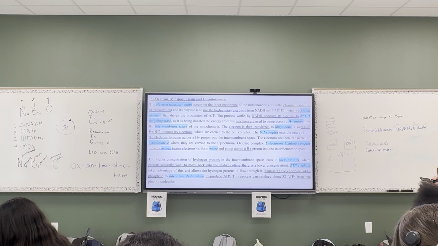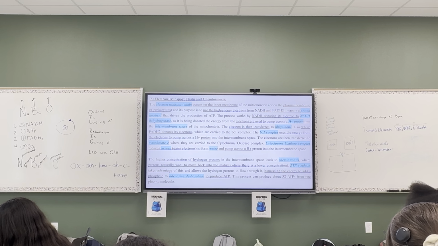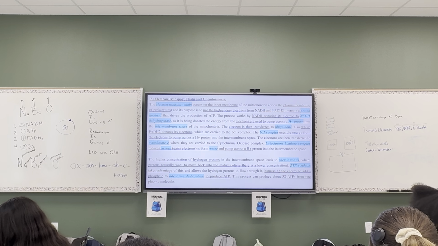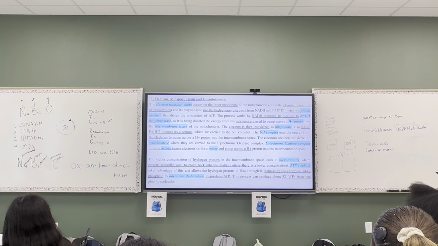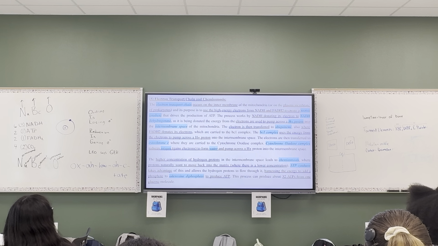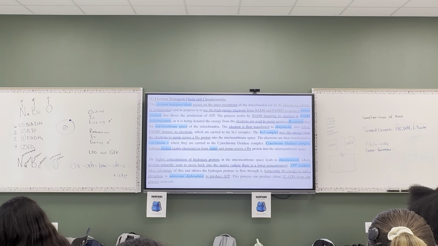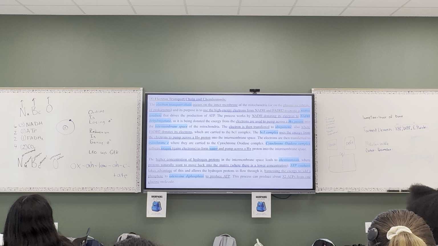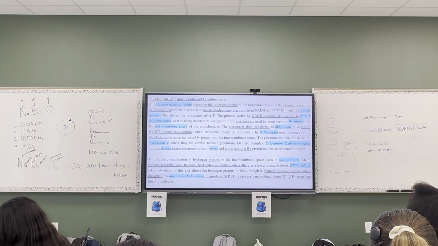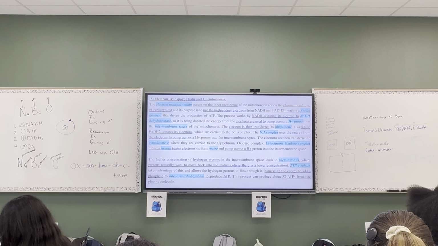Nicholas? The process works by NADH donating its electron to NADH dehydrogenase. As it's being donated, the energy from the electron is used to pump across an H plus proton into the intermembrane space of a mitochondria.